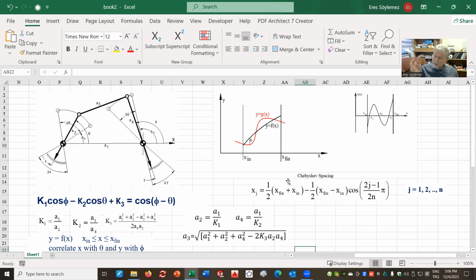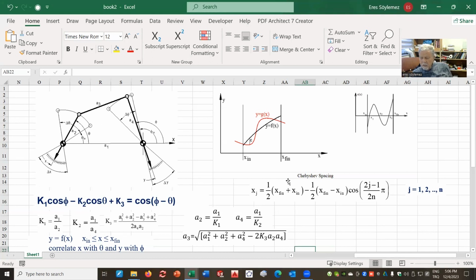By the way, Chebyshev found these for mechanisms, in fact. But it is a general mathematical rule which has been used in all other fields.